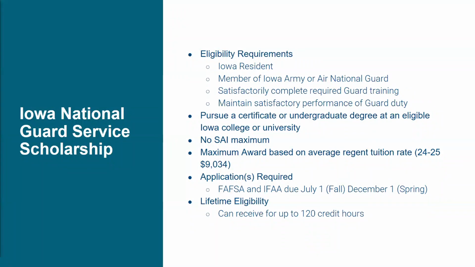So you don't have to do the application twice in an award year. You do have to redo it every year, but if you meet the fall deadline in an award year, then you've met it for the full year. The maximum receipt on this one is also a little bit different in that you can be paid up to 120 credit hours, where the other ones are based on semesters. This one is based on how many credit hours you can be paid for.